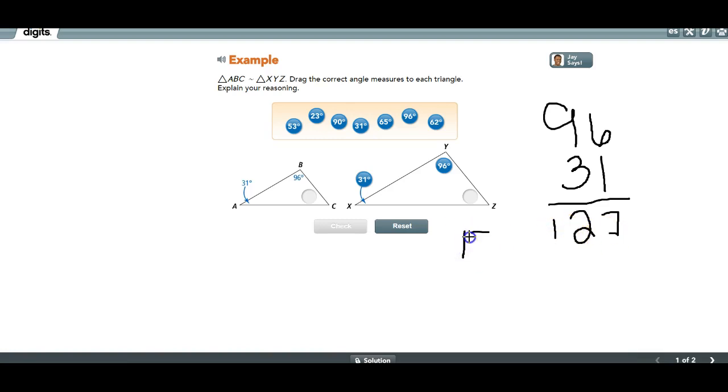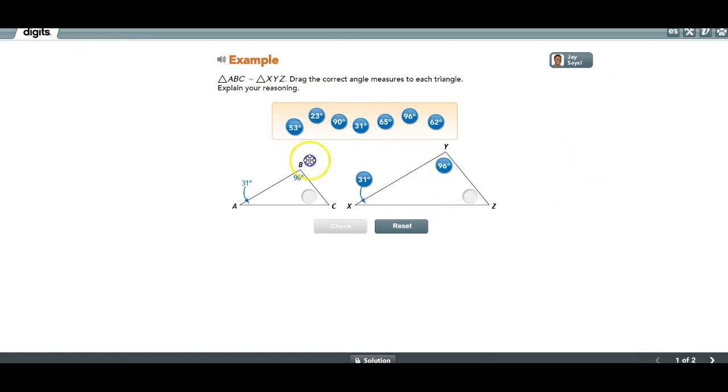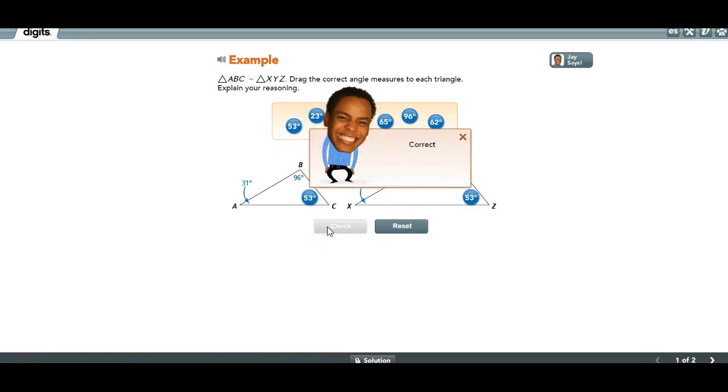So then I take 127 and subtract it from 180. So that is 53 is what it should be. So because both of these are the same, let's see if we're right. Yep. The creepy little guy says I'm right.